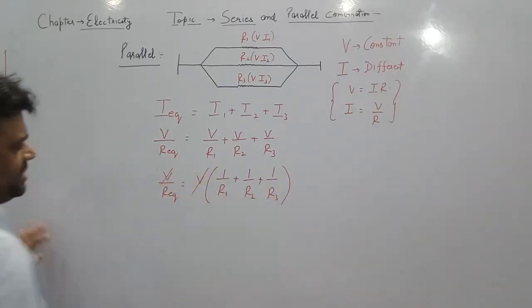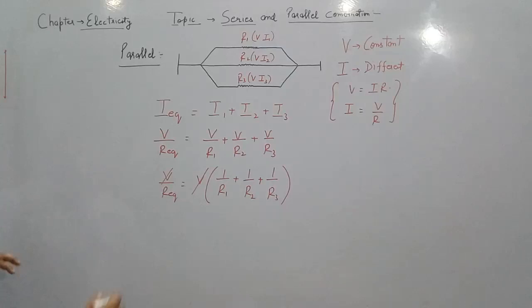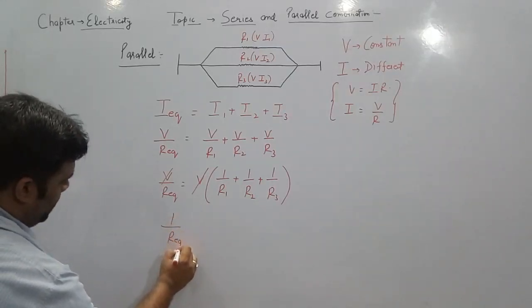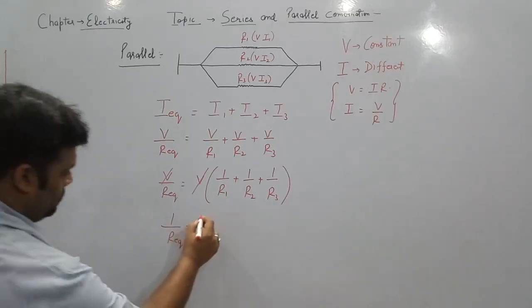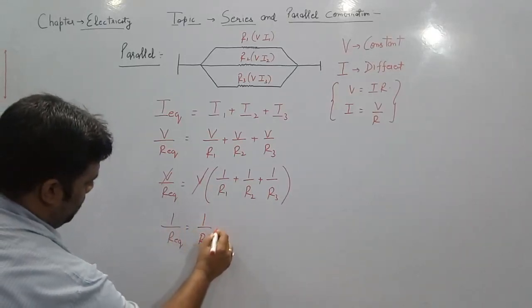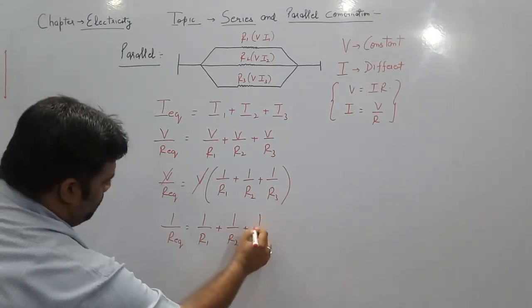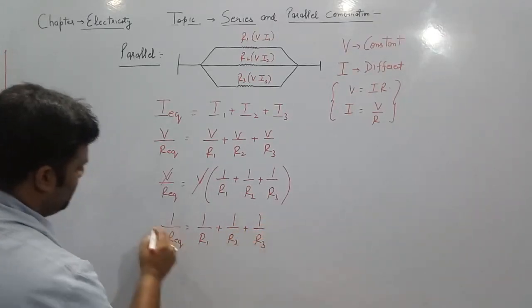Potential difference and potential difference get cancelled. It will be 1 upon R equivalent is equal to 1 upon R1 plus 1 upon R2 plus 1 upon R3.